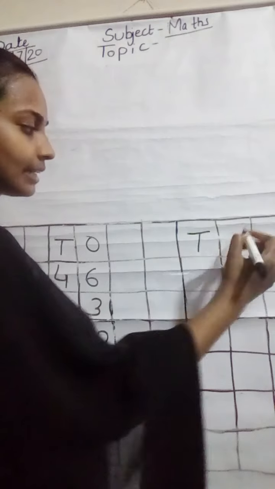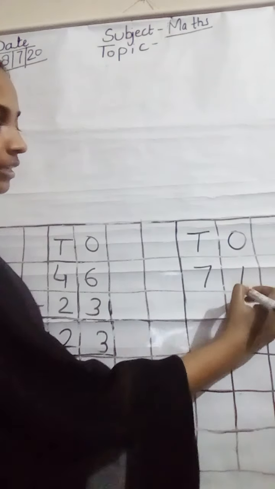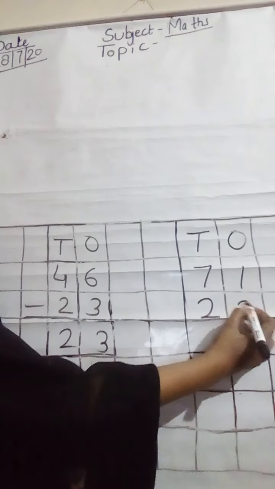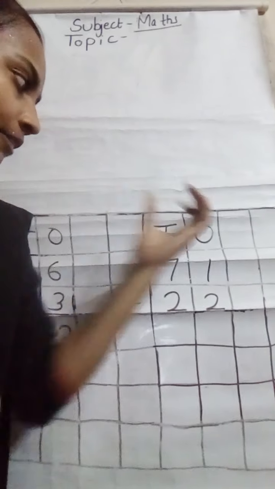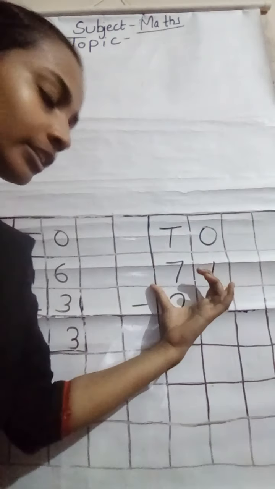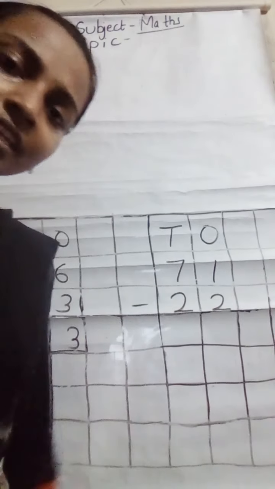Now children, if I give you one more sum, here are tens and ones. If I give you 71 and 22, you all have to subtract this number. Firstly, the ones column: 1 minus 2. 71 is written on the first row, and 22 below it, and 71 is larger.